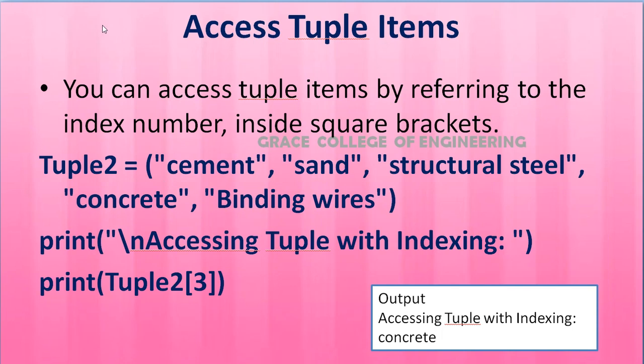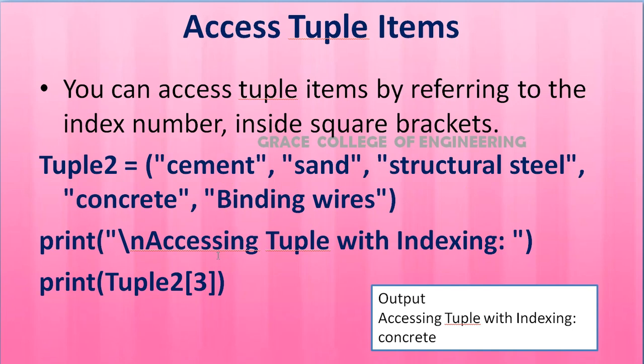Then to access the tuple elements, you can access the tuple items by referring to the index number inside the square brackets. The tuple is created with some elements: cement, sand, structural steel, concrete, binding wires.